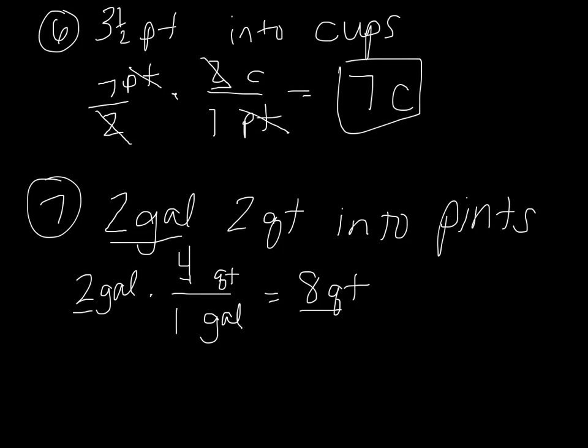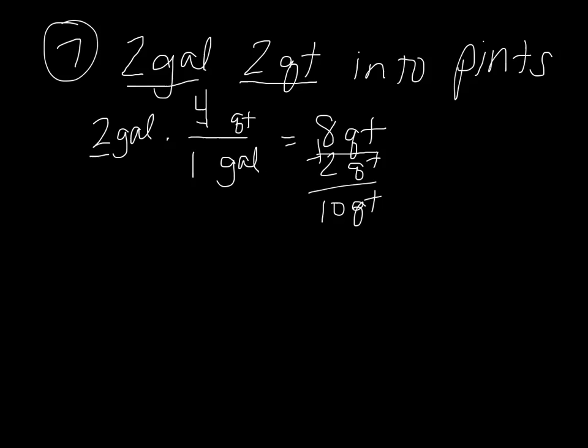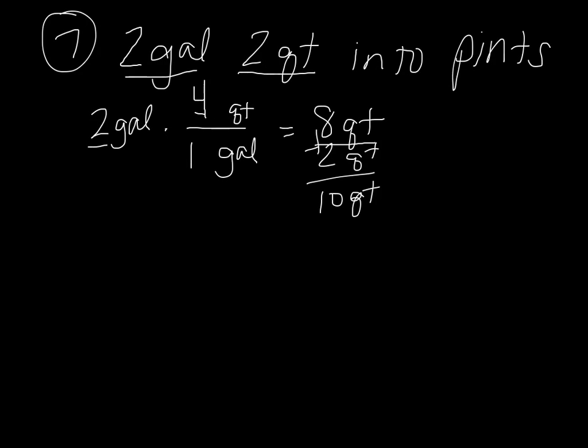Okay, now 8 quarts plus 2 quarts would be 10 quarts. All right, I'm going to move up here. So 10 quarts is what I now have to change into pints.